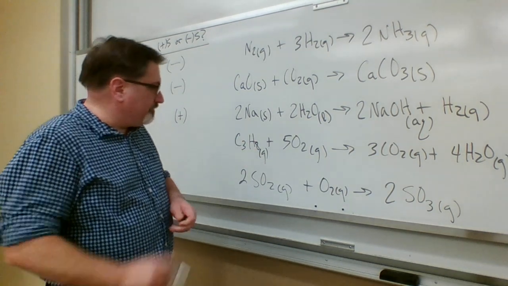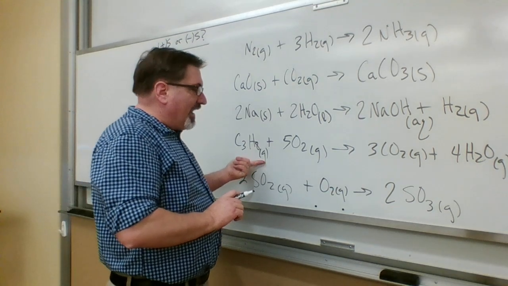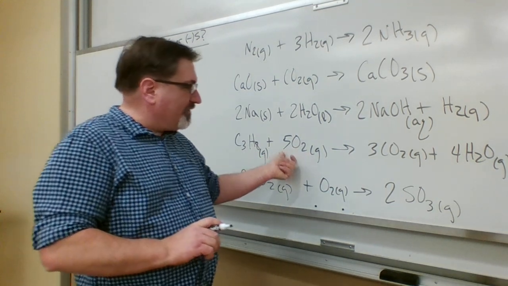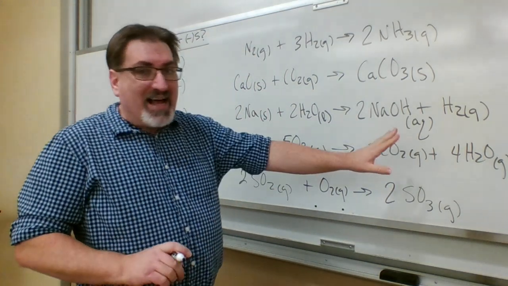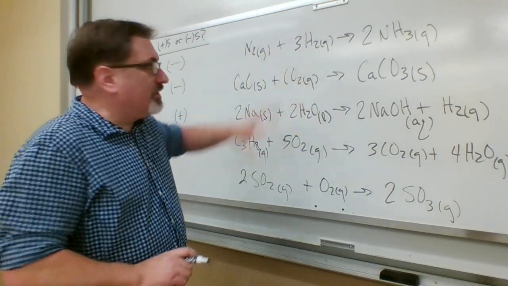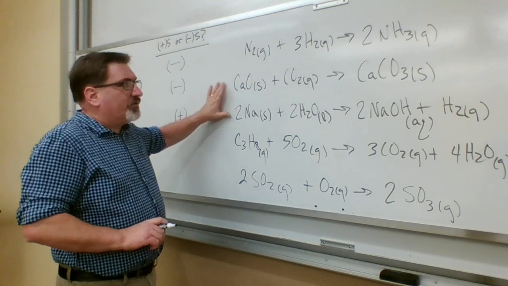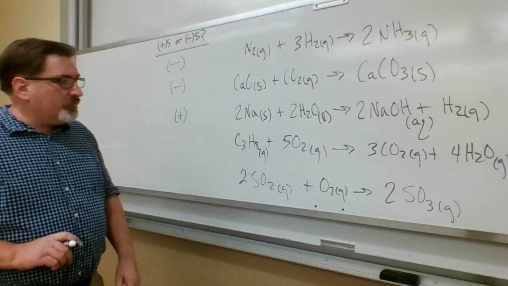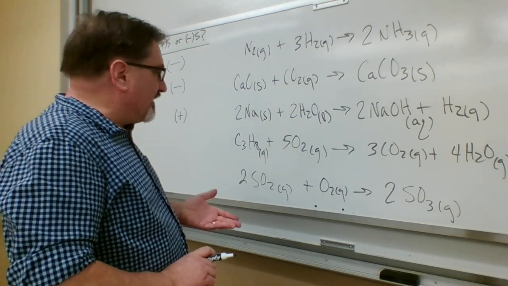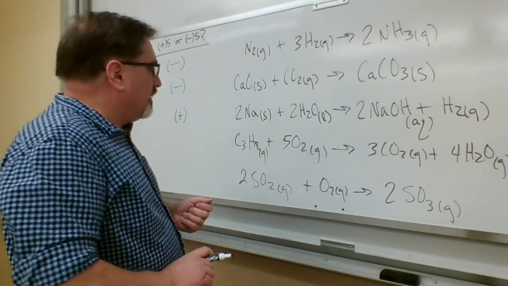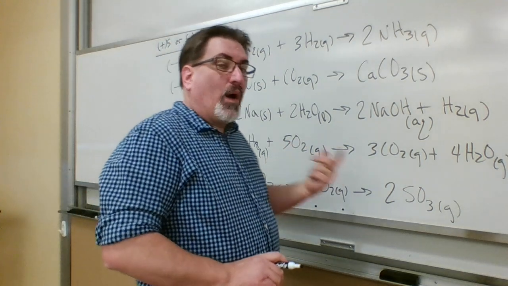Okay, the next one. We got C3H8 plus O2, 5 of those, making 3 CO2s and 4 H2Os. Everything is gas phase, so we don't have some of the other things, like in the second and third one, that doesn't come into play. So it's not an issue of producing or consuming a gas because everything's in the gas phase. But we start looking at what there is.